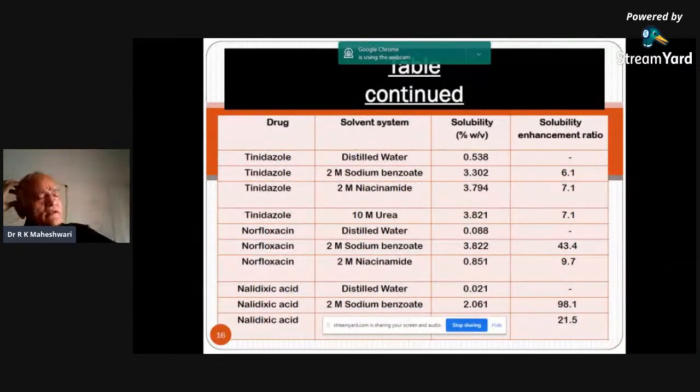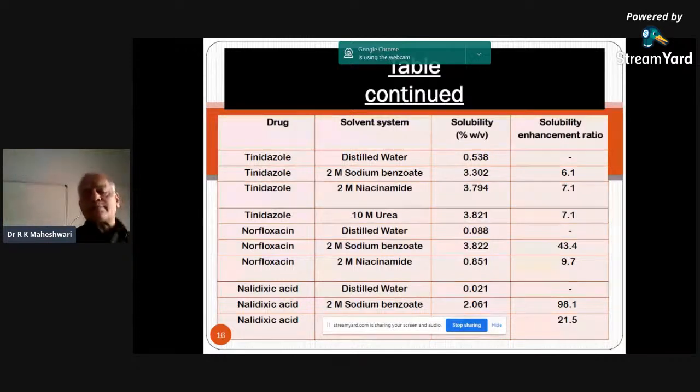When there is enhancement in aqueous solubility of a poorly water soluble drug in the presence of a large concentration of an agent, means hydrotropic agent, then we call this phenomenon hydrotropic solubilization.